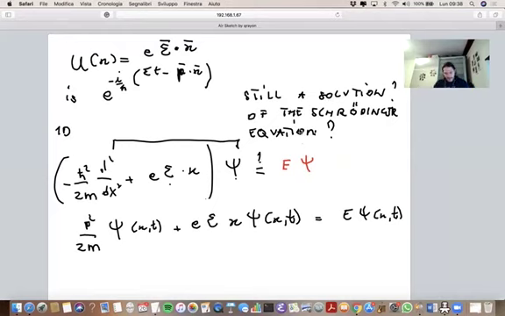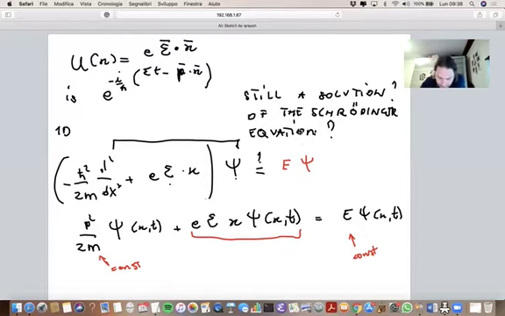Now you see, if I close my eyes to this term here, if for a moment I pretend it's not there, I have a solution, which is the previous solution, because I have a constant on the left-hand side, a constant on the right-hand side, and all I need to ask is that the two constants are equal, or stated differently, that E is equal to p squared over 2m.